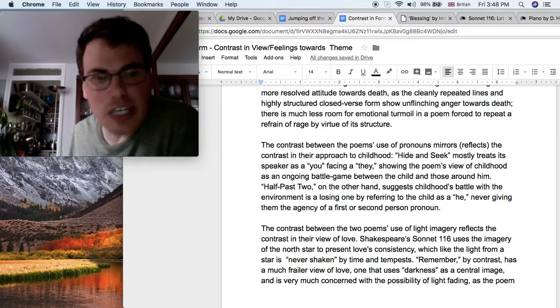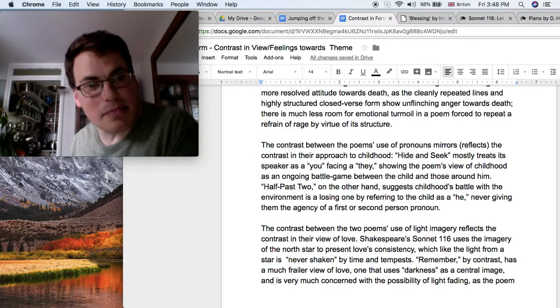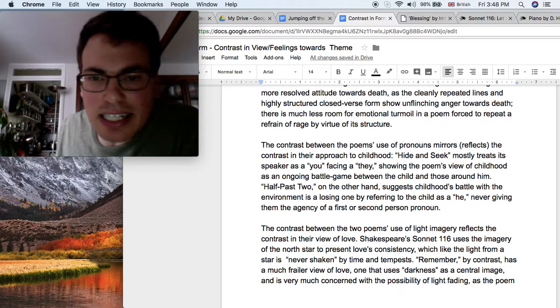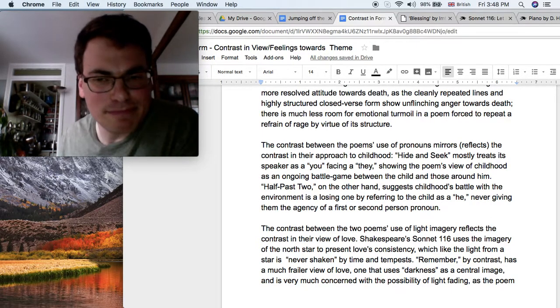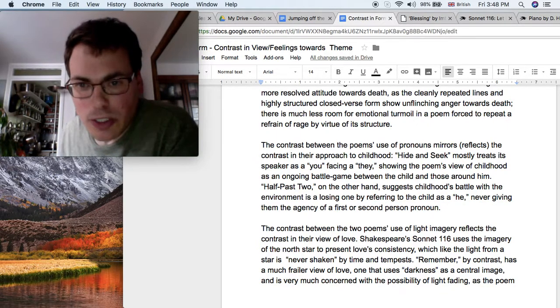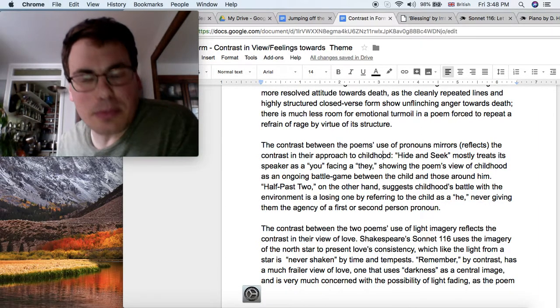So if you've been using reflects, and you don't want to seem so very formulaic, you switch to mirrors. Why not? Shows would work. Suggests would also work. A lot of the spice words would work. Okay. The contrast in their approach to childhood.